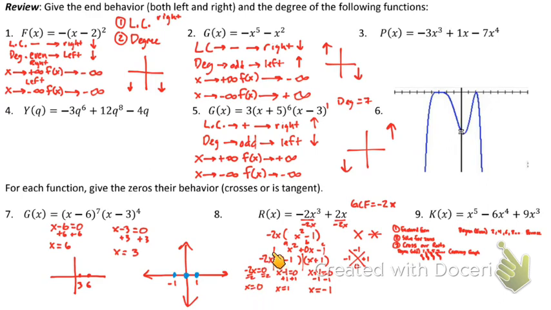We want to look at the power of this X factor. What's the power of this X factor? You'll notice it's a power of 1. Since it's an odd power, that means odd powers cross. So at X equals 0, I would cross.